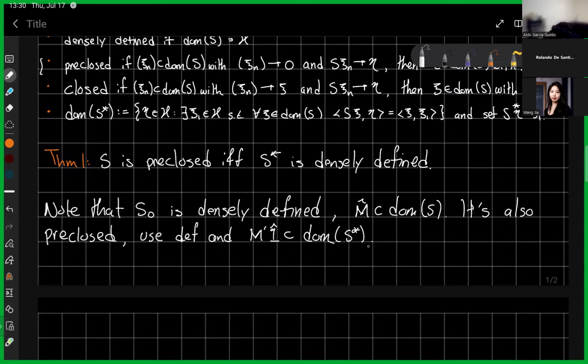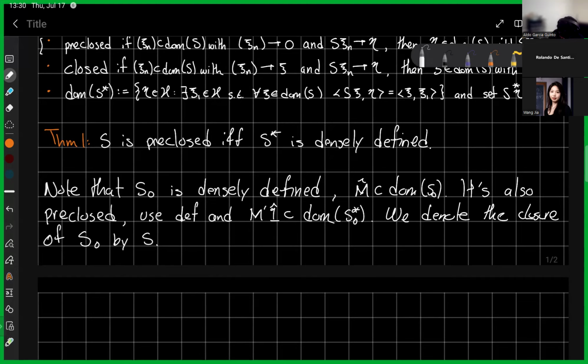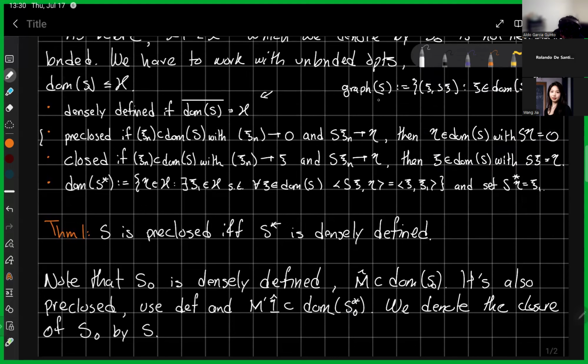Okay. So we denote the closure of S naught. Just the closure means that, remember how I said, the idea is that the graph is closed and it's coming from a different operator.